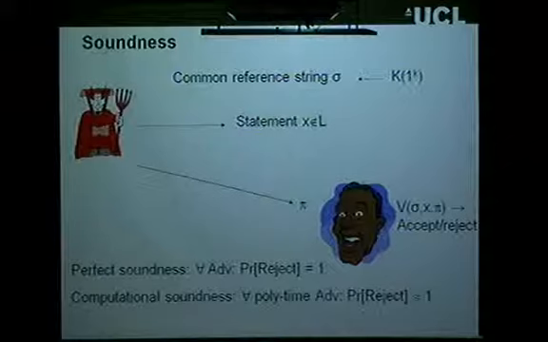Okay. I want to point out one distinction here in soundness. So soundness can be defined in a non-adaptive fashion or an adaptive fashion. The non-adaptive fashion is where the statement is chosen independently of the common reference string. And the adaptive soundness is when actually the adversary sees the common reference string first, and then after that it generates the statement and the proof.